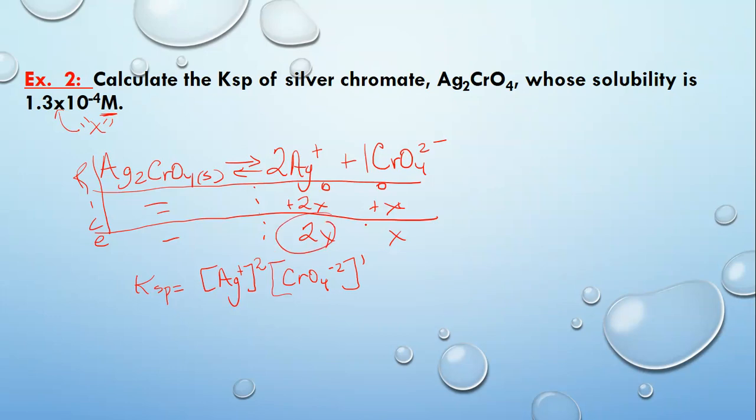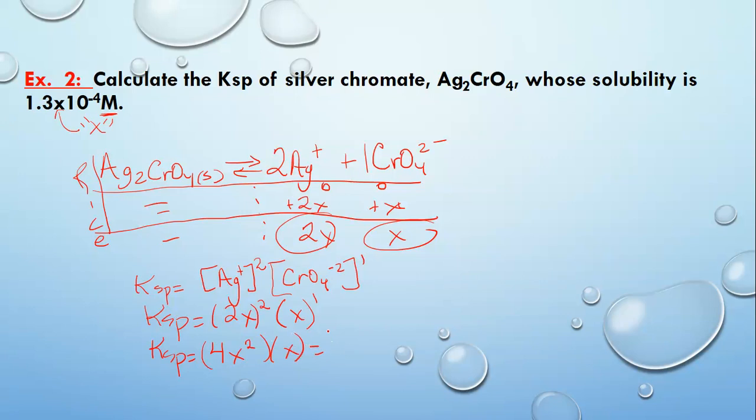Now substitute in these values from our ICE table. That means KSP is going to be equal to 2x, that's quantity squared, and that's going to be x to the first. So KSP, this gives you 4x quantity squared times x, and so KSP is equal to 4x cubed.